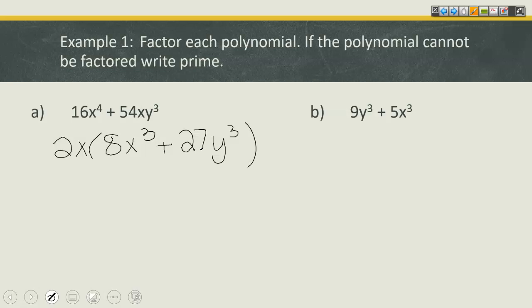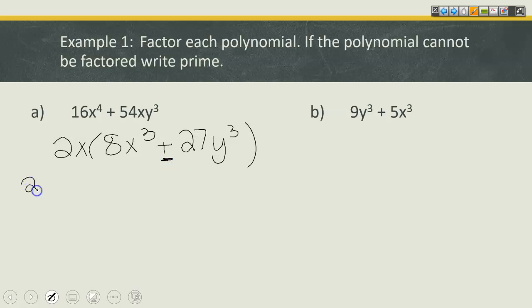They're being added together. So if you flip backwards and you look, you now have a sum of cubes. So after taking out our GCF, we have a sum, because they're being added, of cubes.